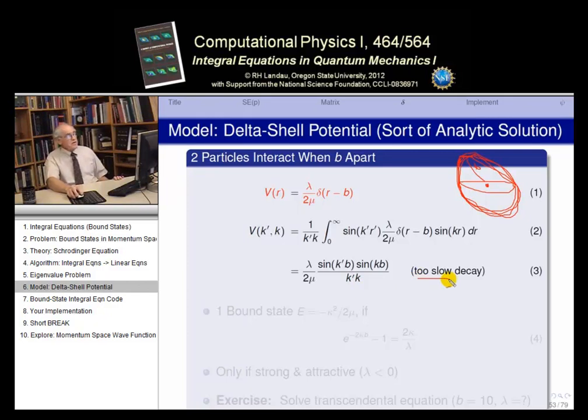What we have here is we have to evaluate integrals in an integral equation. And this function falls off just like 1 over k or k prime, which is slow, because those integrals barely converge, and it oscillates a bit, which helps, but you end up with integrals which are very hard to get convergence on. So we don't expect the numerics to be very good. Okay?